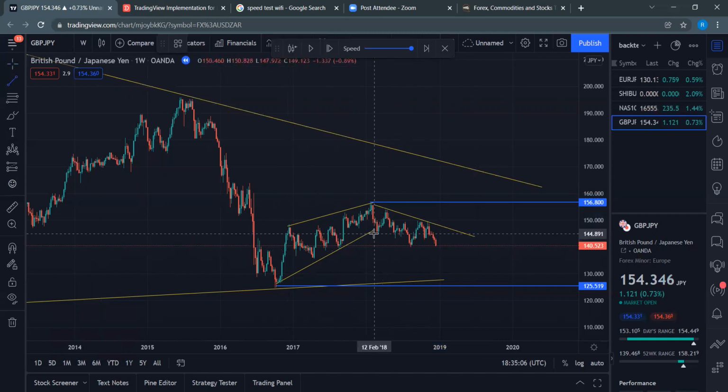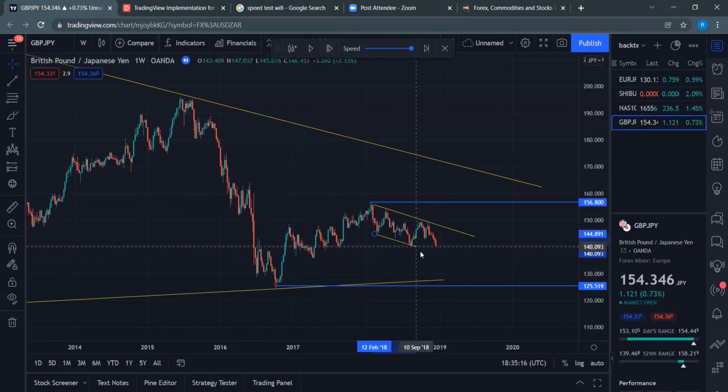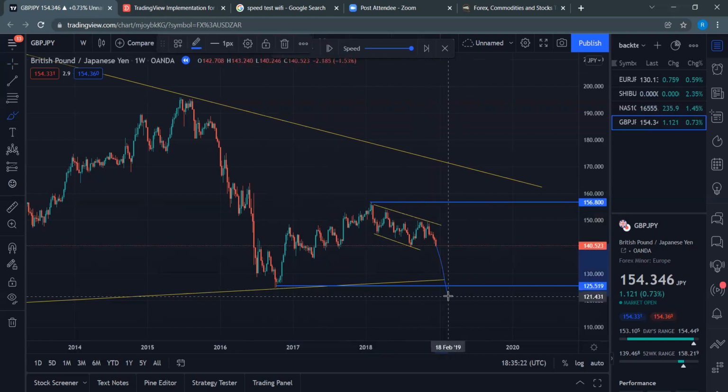So from here, that's how the move is going. So this is when now you can decide to say, okay, this move or this correction is supposed to correct all the way to the downside, right? But you can see that it's moving in the form of a correction and in the form of a descending structure.